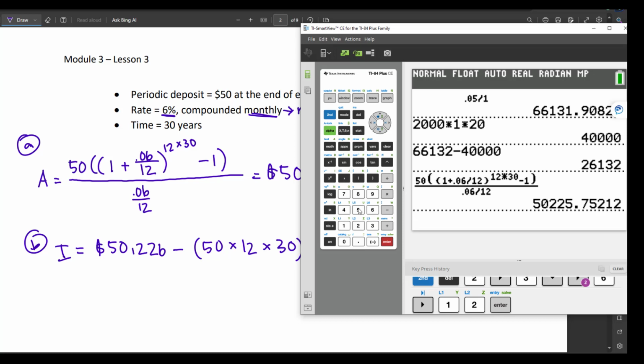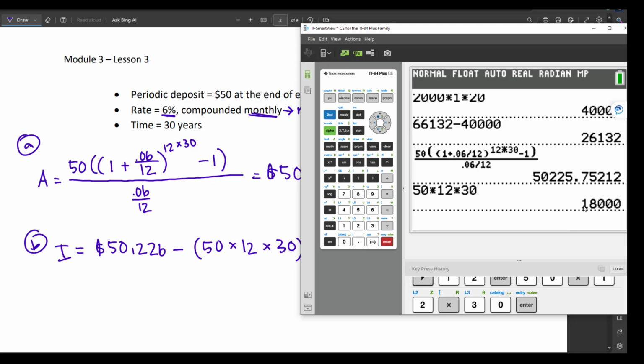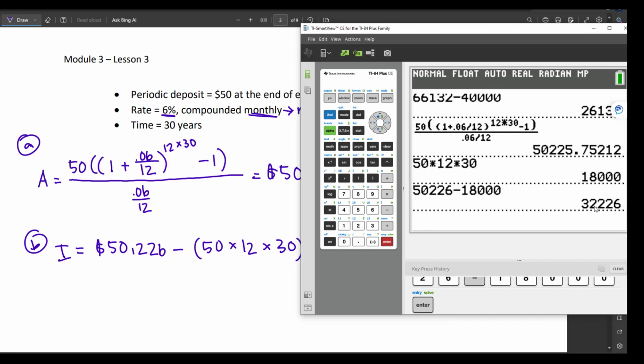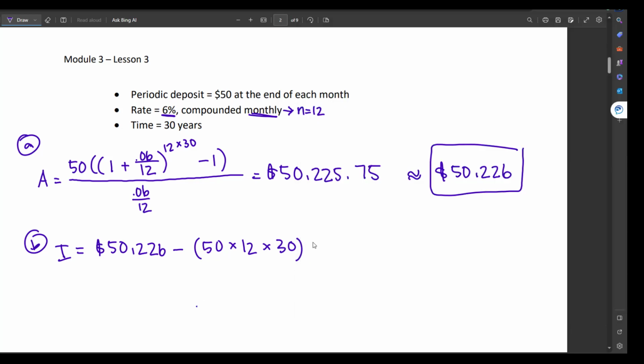So let's see how much we have put into our account. 50 times 12 times 30. We've only put in $18,000 over 30 years. So how much did we make? 50,226 minus 18,000. We have made $32,226 in interest. Not bad.